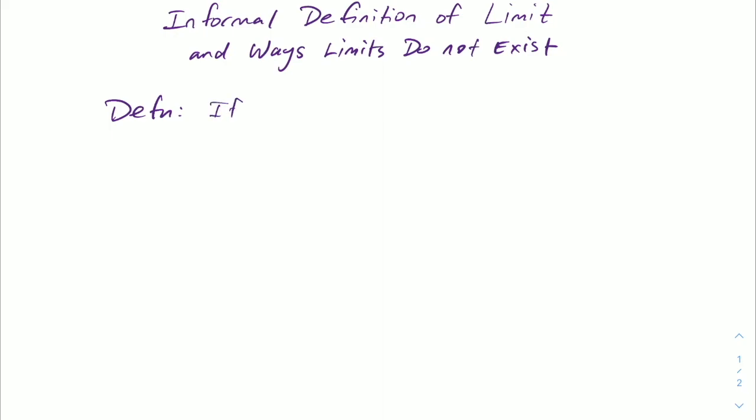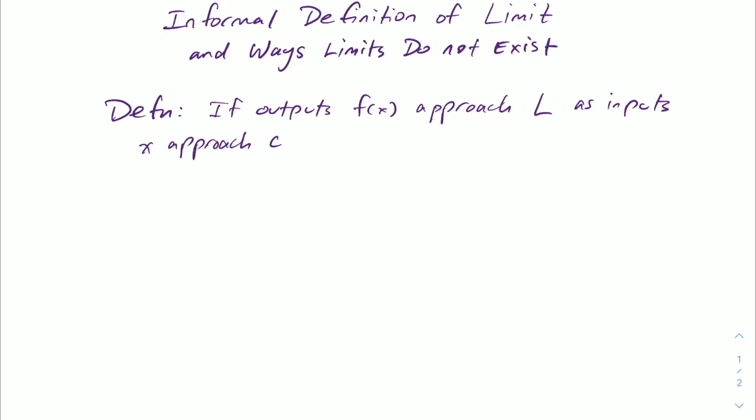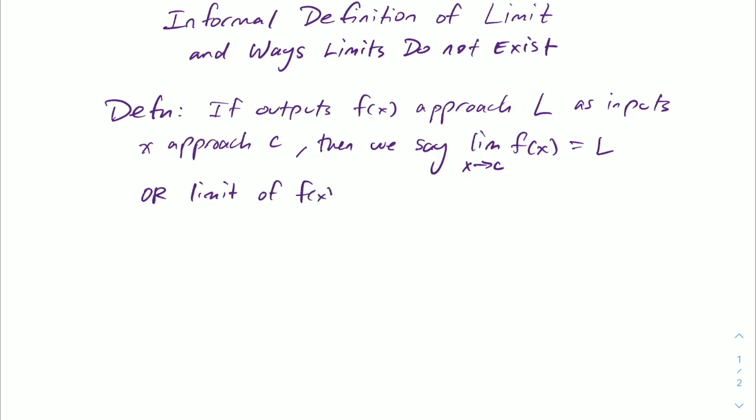If the outputs of a function, f of x, approach a value L as the inputs x approach C, then we say the limit as x goes to C of f of x equals L. This is sometimes read: limit of f of x as x approaches C is L.